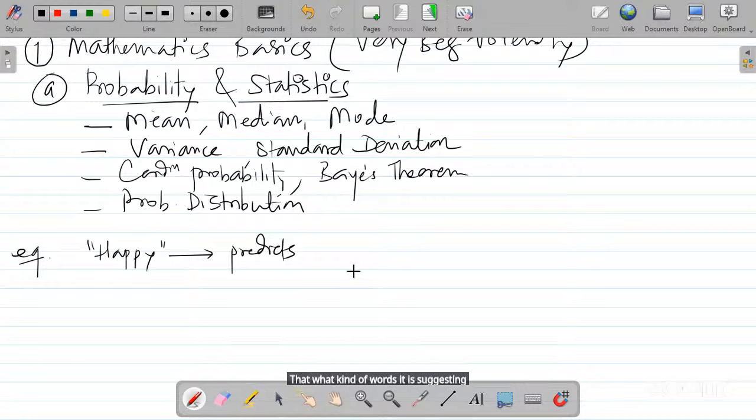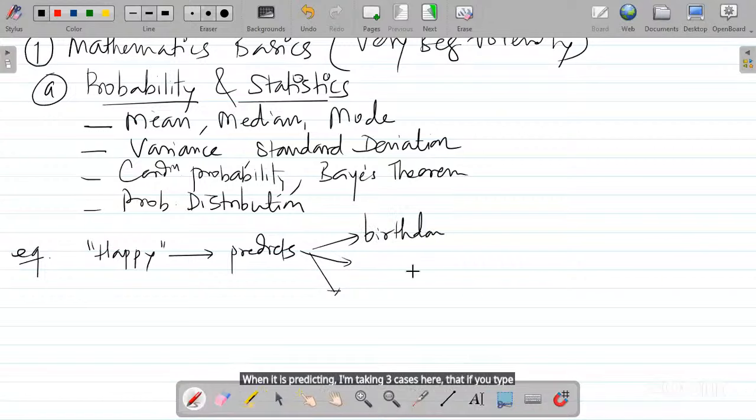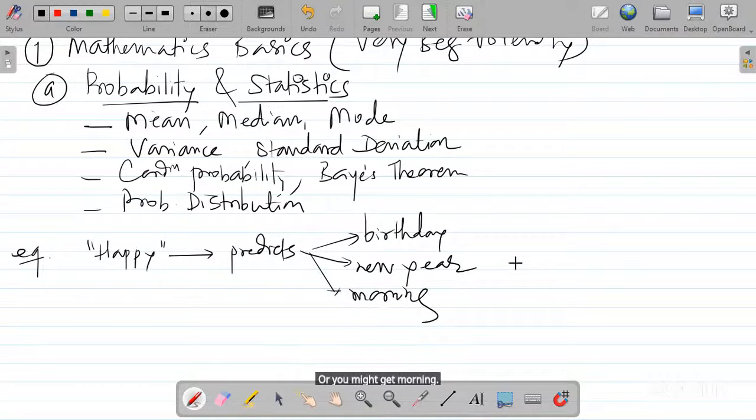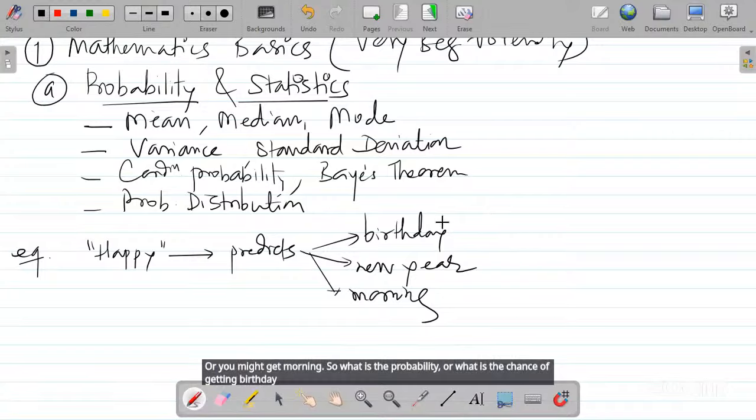So if you observe, when it is predicting, I am taking three cases here. If you type happy, you will get happy birthday, or you might get New Year, or you might get morning. So what is the chance of getting birthday as the predicted word? It is almost 70%.